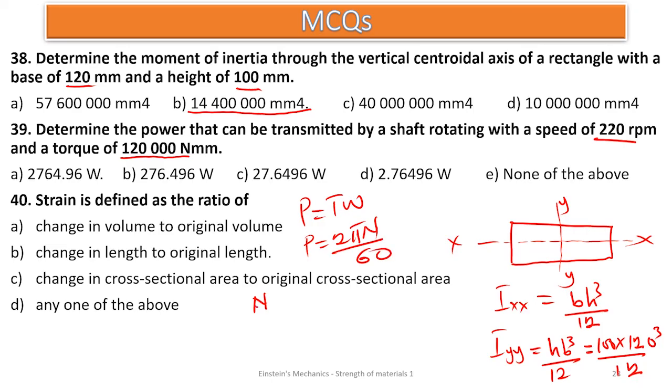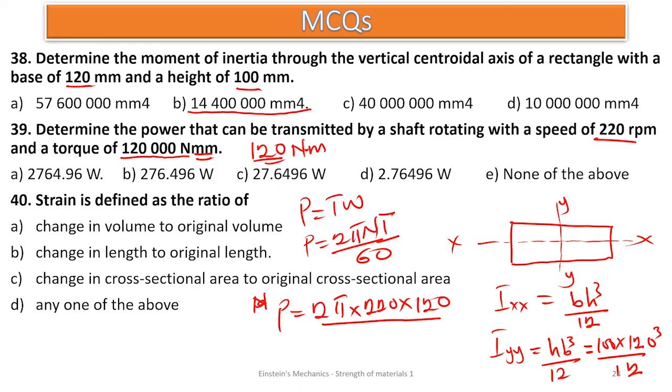And our power is going to be 2 pi N, where T is the torque and N is 220. And the torque, remember, we are working in standard units. So instead of using Newton millimeter, we can convert it to Newton meter. And that is going to be 120, right? So 120 divided by 60. And we are going to get our power to be that.